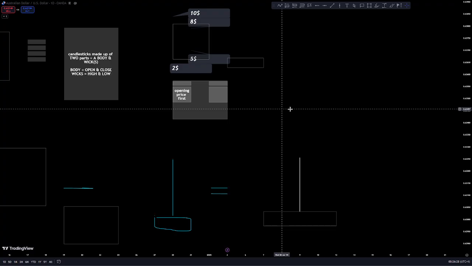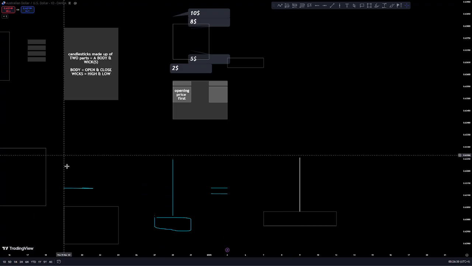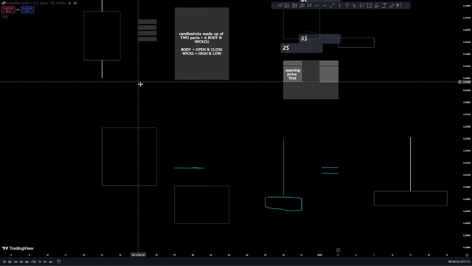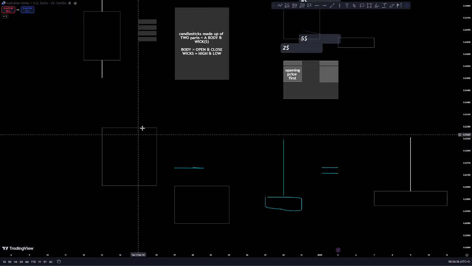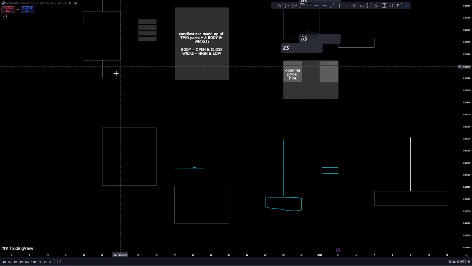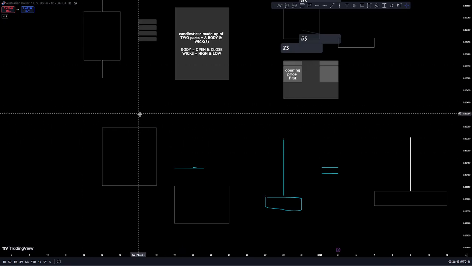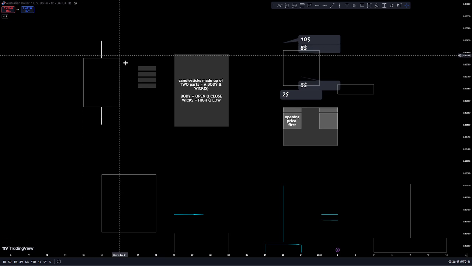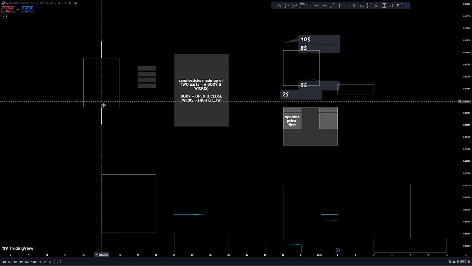Okay? Yesterday I taught us how time frame in trading works, and how a candlestick represents a time frame. So when I show you this candlestick here, it's only showing a time frame.